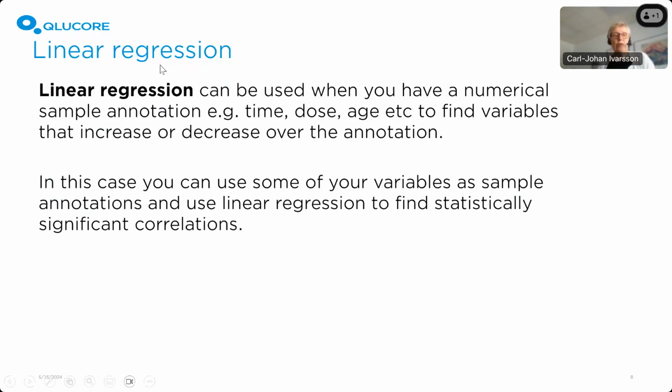So we are going to use linear regression, and linear regression you can use when you have numerical sample annotations like time, dose, and age to find variables that either increase or decrease over the annotation. And in this case, you can use some of your variables as sample annotations. And the variables, of course, have numerical values. And then you can use linear regression to find statistically significant correlations.